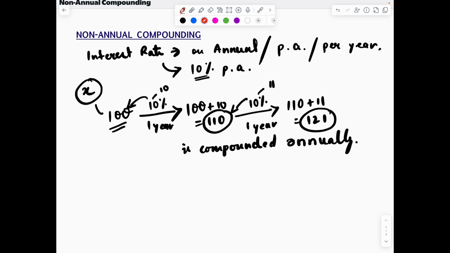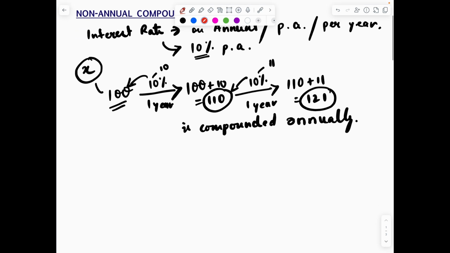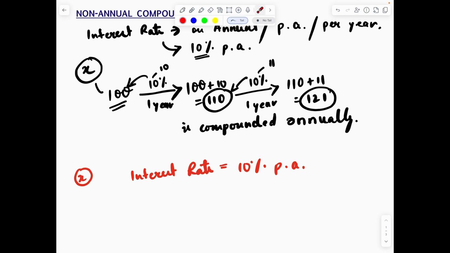I say I'm going to give you a loan of X amount, whichever you require, and I'm going to charge you 10% only, and this is per annum. But in the first case, example case 1, where you are taking a loan from the bank, the bank was charging interest on an annual basis, or the interest rate was compounded annually.